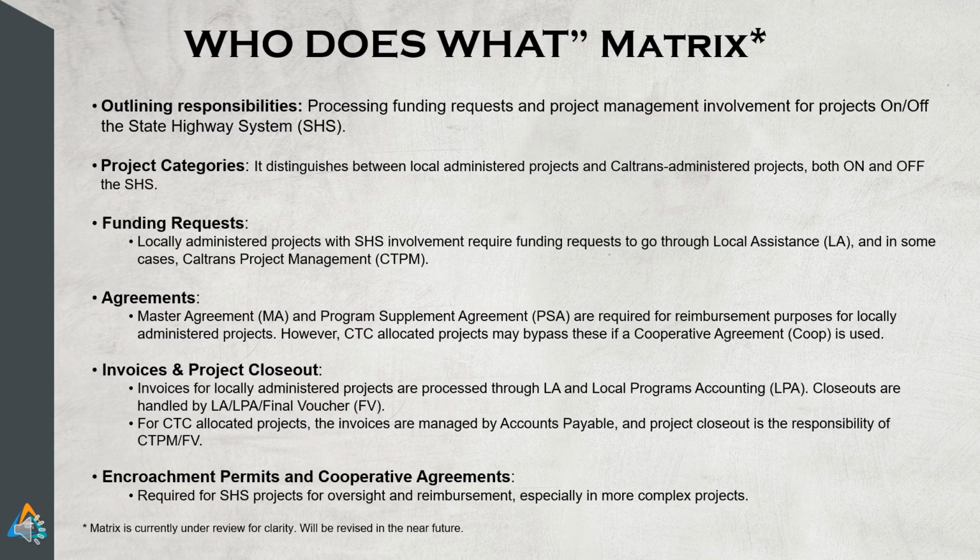Invoices for locally administered projects are processed through local assistance and local programs accounting. Closeouts are handled by local assistance, local programs accounting, and final voucher. For CTC allocated projects, the invoices are managed by accounts payable, and project closeout is the responsibility of Caltrans project management and final voucher. Encroachment permits and cooperative agreements are required for SHS projects for oversight and reimbursement.